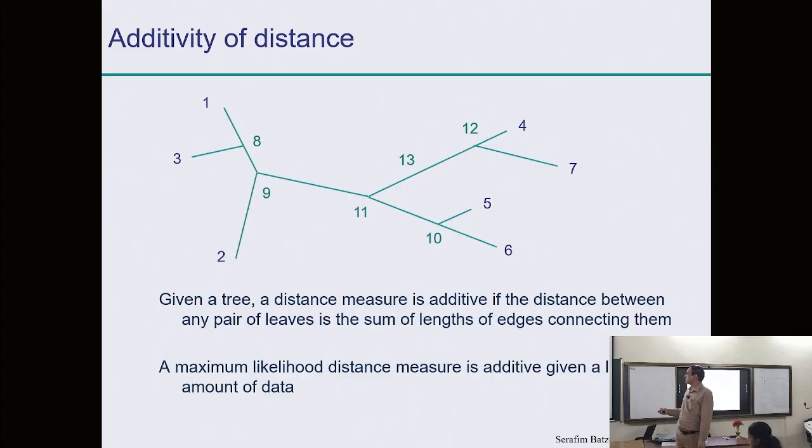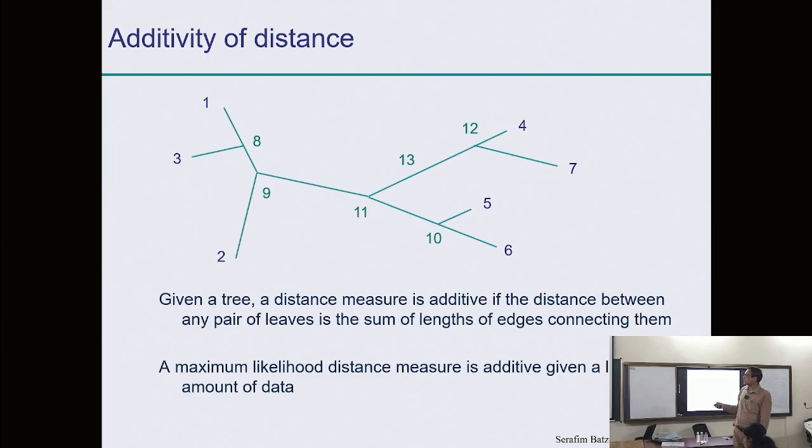So, given a tree, a distance measure is additive if the distance between two nodes, 1 and 4, can be obtained by adding the lengths of the branches that connect those two nodes. So, if you want to compute the distance between 1 and 4, that can be computed by summing the lengths of the edges that connect 1 to 4.